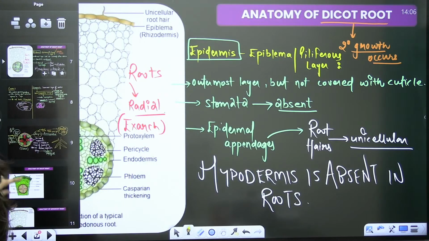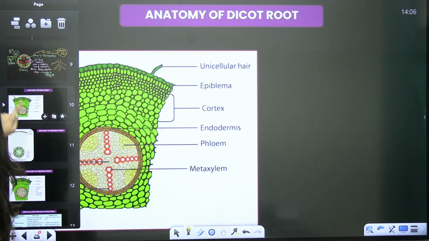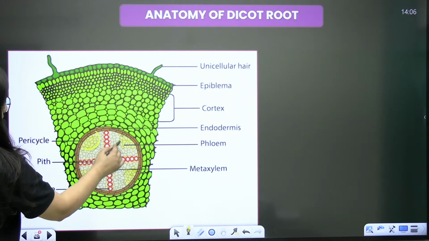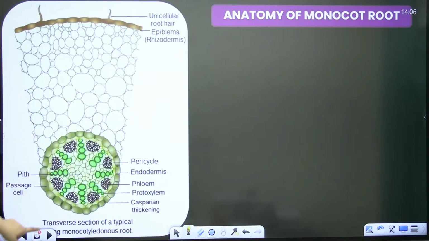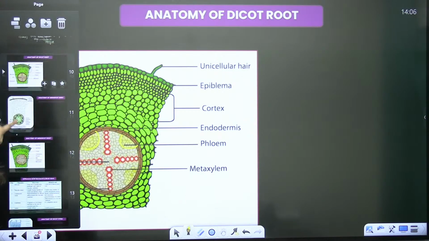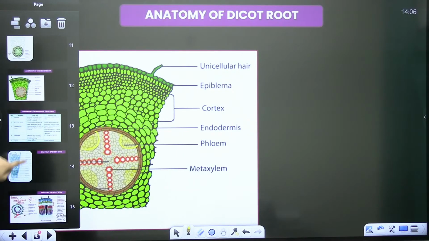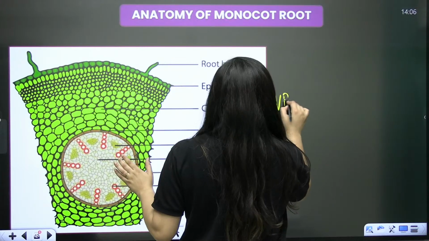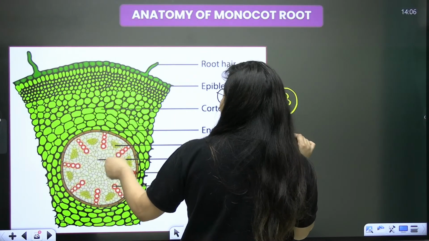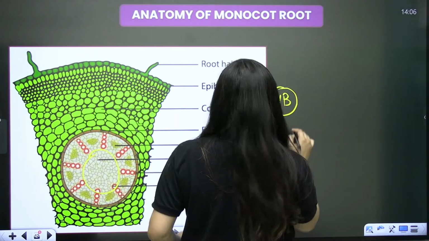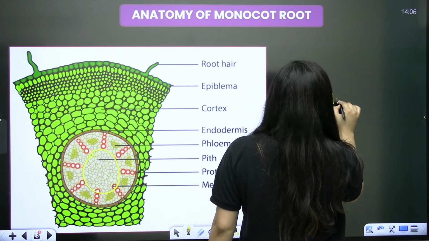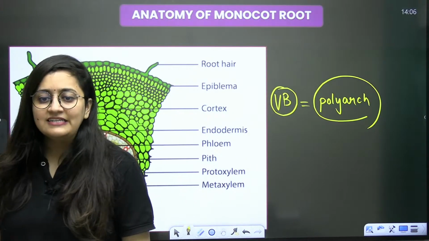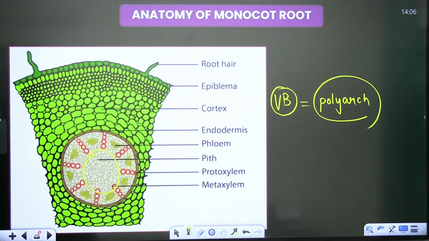Now see, this is the diagram given in NCERT. Compare it with the monocot root. There are major differences in the vascular bundles. Here you will see many vascular bundles and the pith is large. So it is polyarch, because so many vascular bundles are present here.